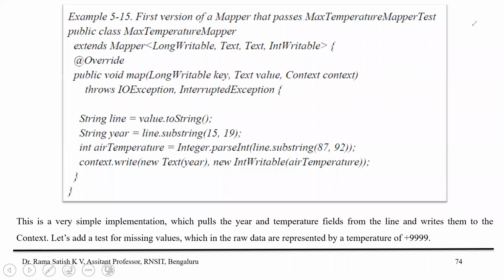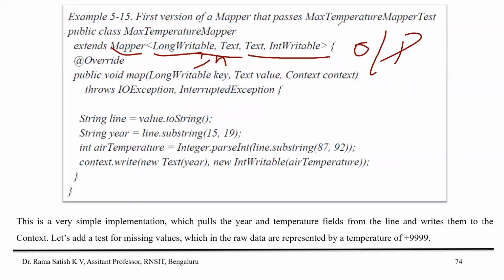Normally, when we take up the first version of a mapper that passes the maximum temperature test, we give a mapper with LongWritable and Text as input, and Text and IntWritable as output.